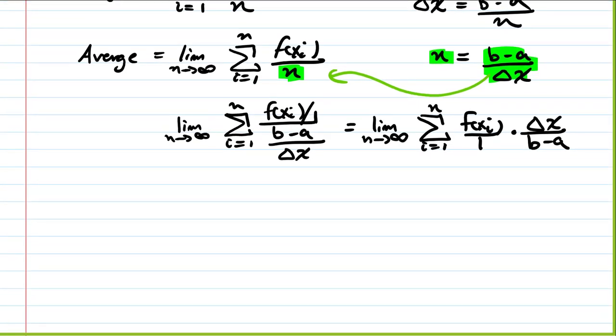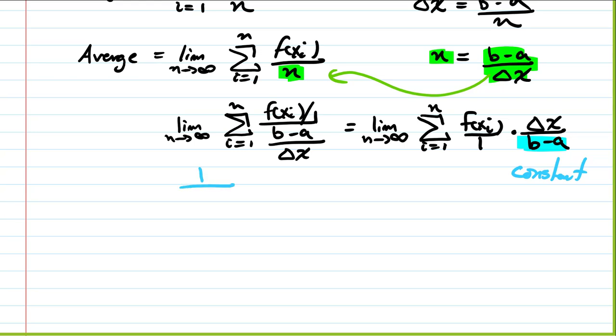So now our sum depends on i, and our limit depends on n. So this piece right here is constant with respect to both the sum and the limit. So we pull that out in front of everything.